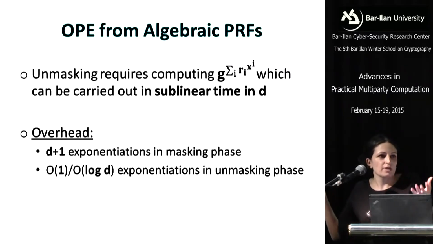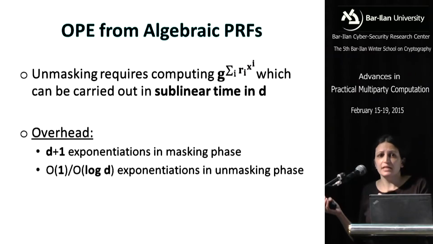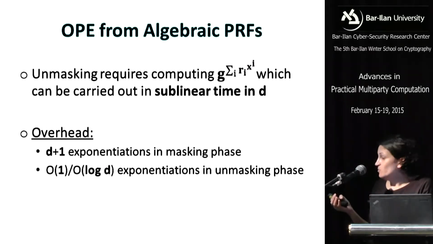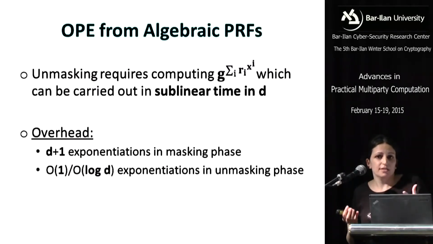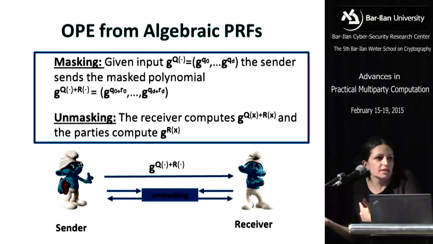That's the protocol. We have one message that only requires d plus 1 exponentiations. Remember that the sender knows the secret PRF key. And we have an unmasking phase, which is indeed sublinear. If we go back to the protocol, think of how easily this could be made maliciously secure.